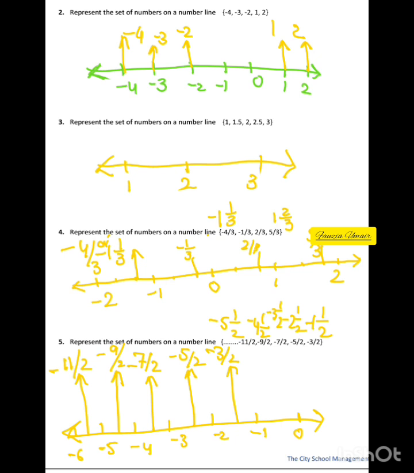I will also share with you the work of one of my students, who converted these fractions into decimals and then plotted them on the number line. Whichever method is easier for you, you can pick that method.